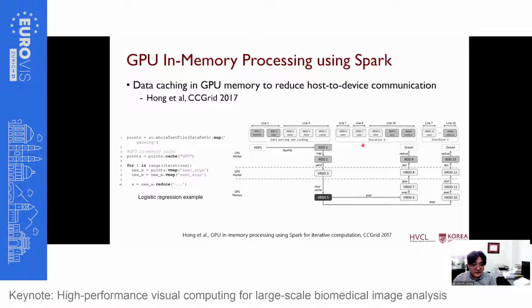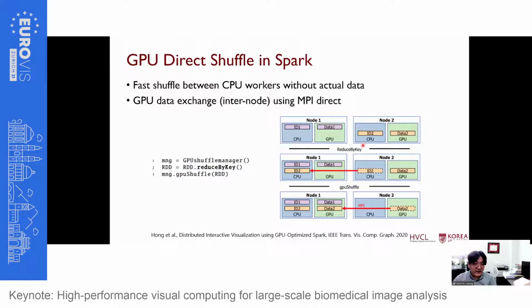We later extended this to visualization applications. Our goal was to do distributed rendering using Spark, but 3 minutes per frame doesn't make any sense. So we tried to reduce the overhead as much as possible, and we changed all the communication to GPU direct communication, so GPUs can directly communicate with other GPUs using MPI direct.